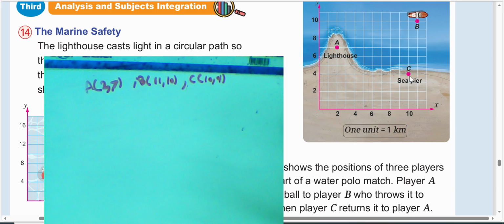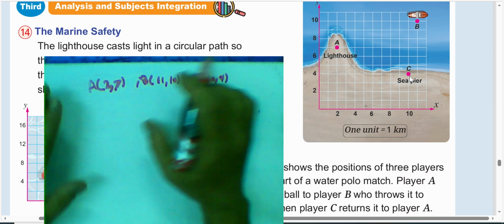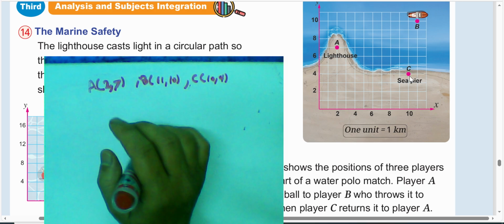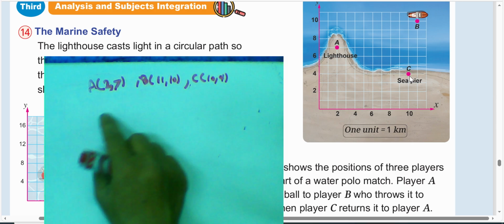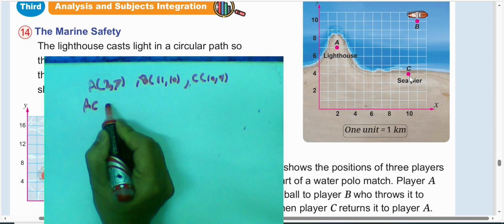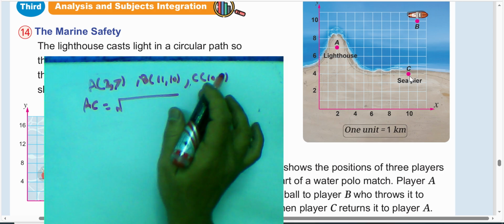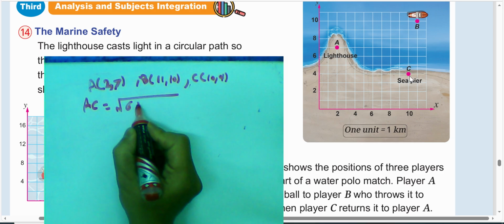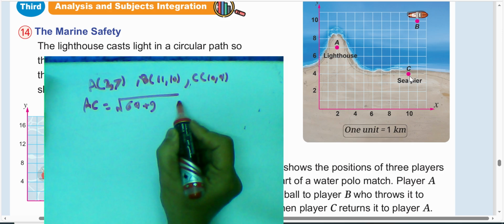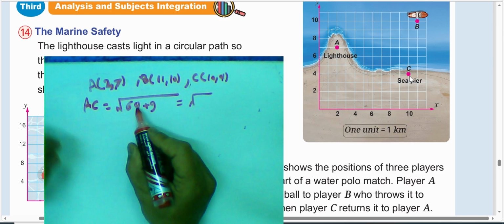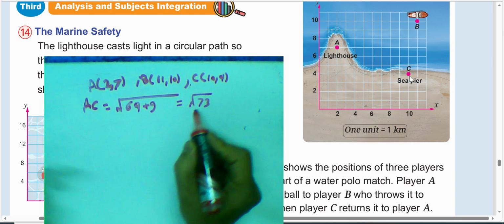First step, we find the distance of the light from A to C, the light of the lighthouse going to C. 10 minus 2 equals 8, power 2 is 64. 4 minus 7 is negative 3, power 2 equals 9. 9 plus 64 equals 73.